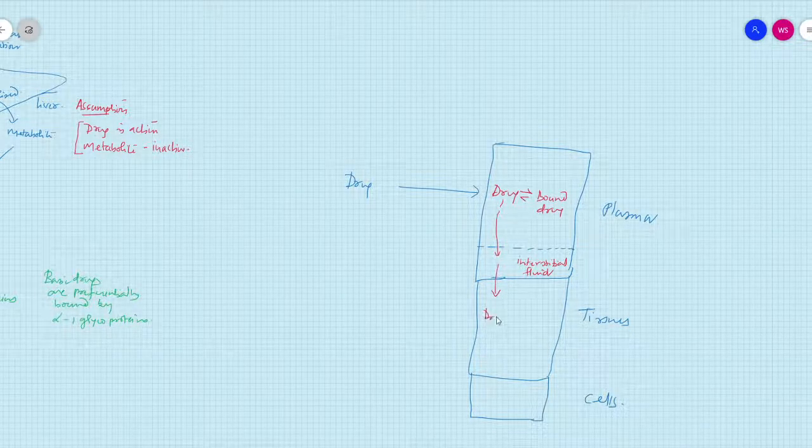In the tissues again the free drug is in equilibrium with the bound drug, and this free drug again crosses over the membrane into the cells, and here again there is an equilibrium between the drug and the bound form.